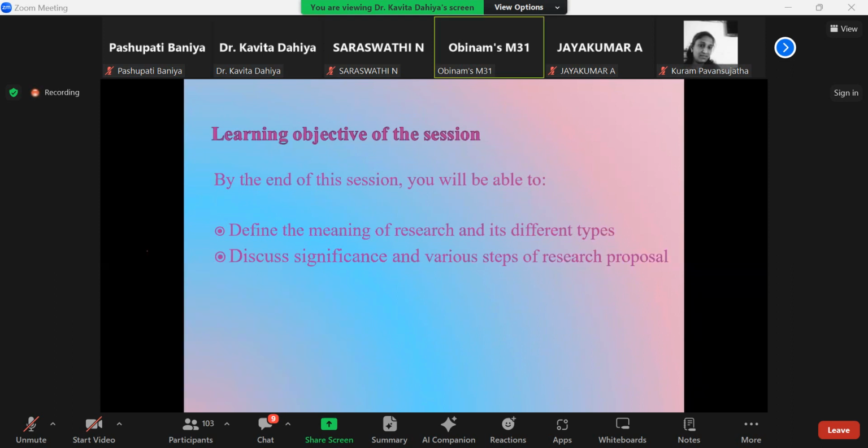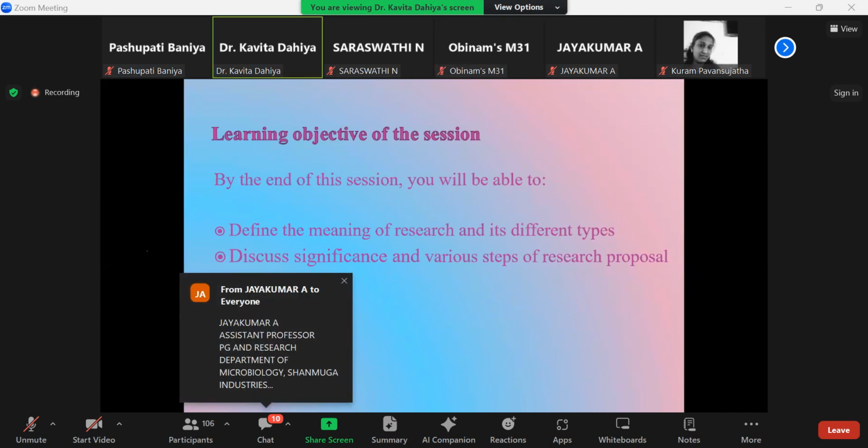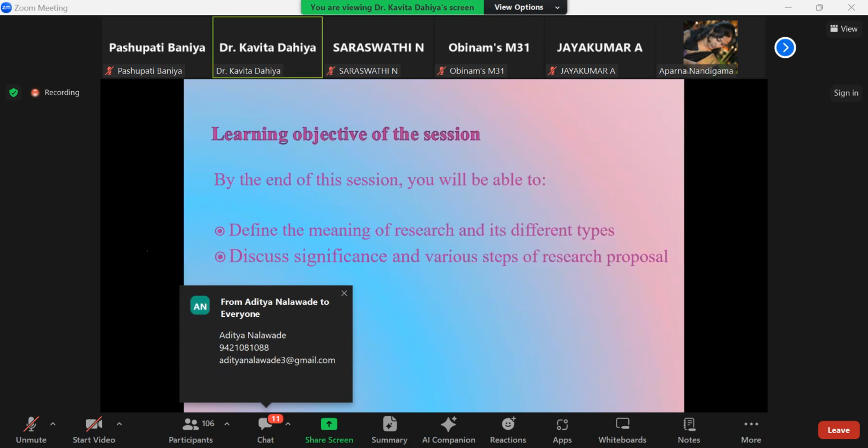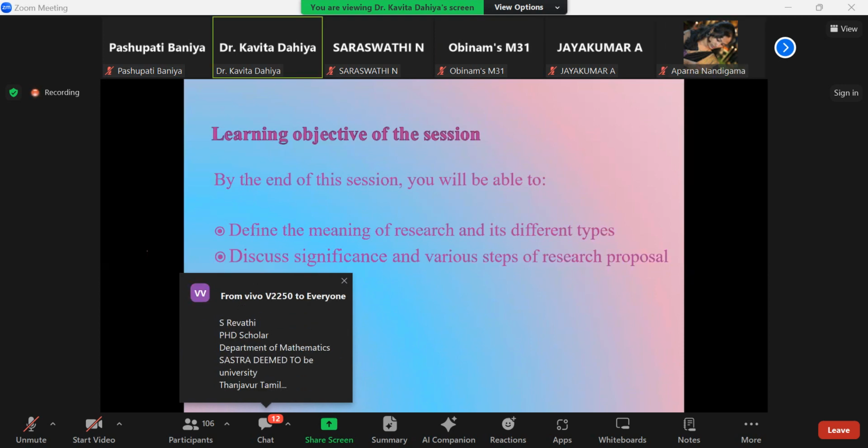Another objective of this session is to discuss the various steps of the research proposal and how to finalize it, because the research proposal is the first step before starting any research. So we cannot ignore the significance of the research proposal for the research itself.